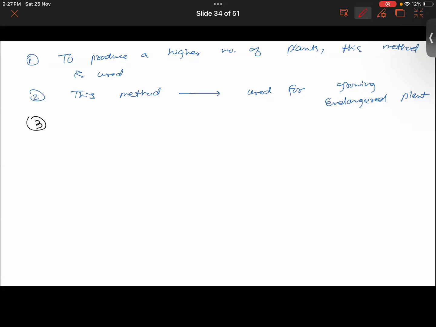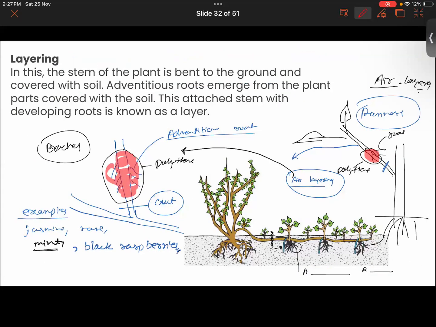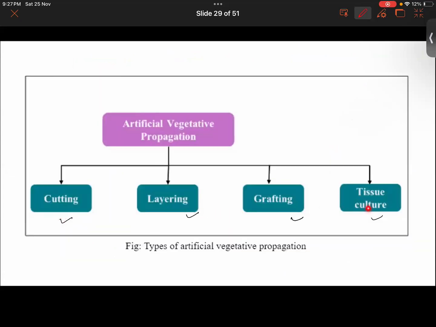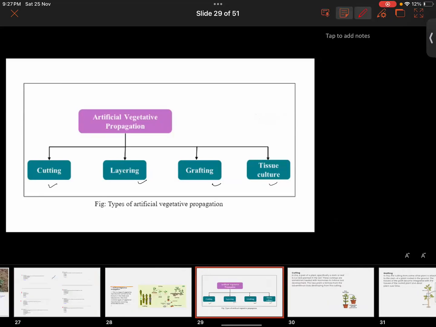So we have covered the different methods of artificial vegetative propagation, that is cutting, layering, grafting, and tissue culture. So the first part of the chapter, asexual reproduction in plants, we have covered.